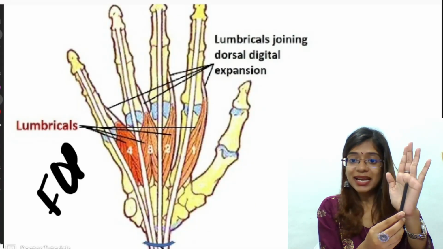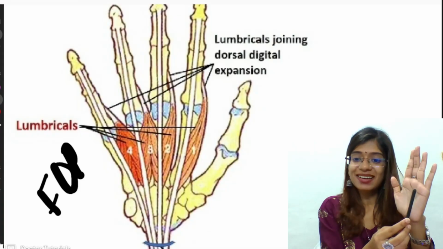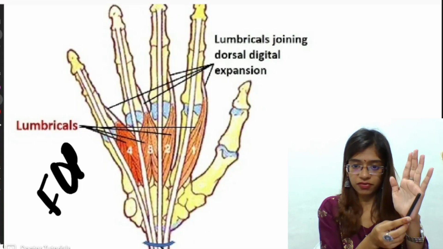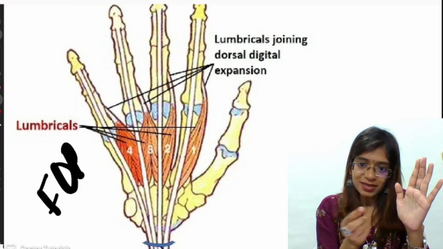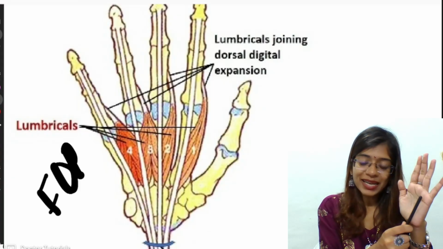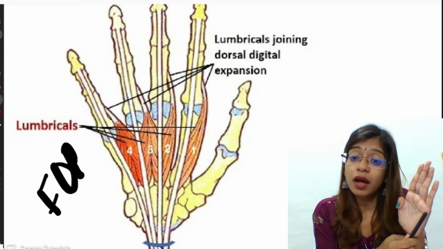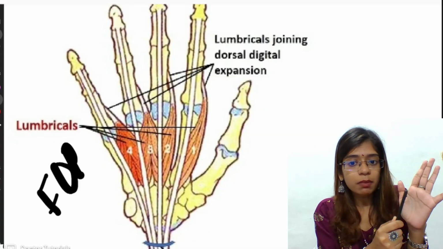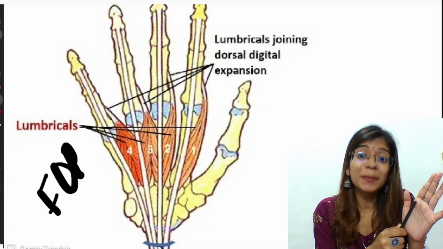Remember, the medial two lumbricals are supplied by the ulnar nerve. Write it down, very very important. The lateral two lumbricals are supplied by the median nerve.